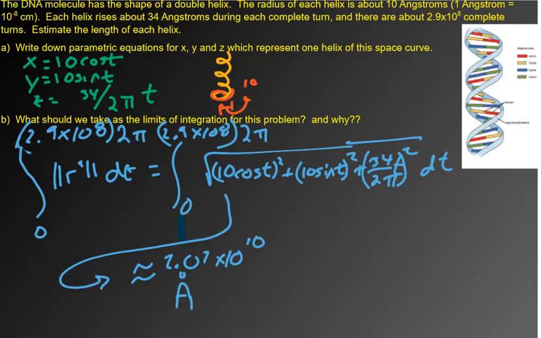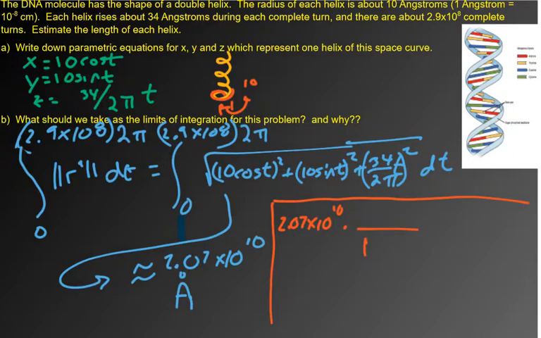So what I want to show you is how many meters that is, which is the weird part to me. So we have this 2.07 times 10 to the 10th, and that's in angstroms. And then we know that for one angstrom, there is 10 to the negative 8 centimeters.